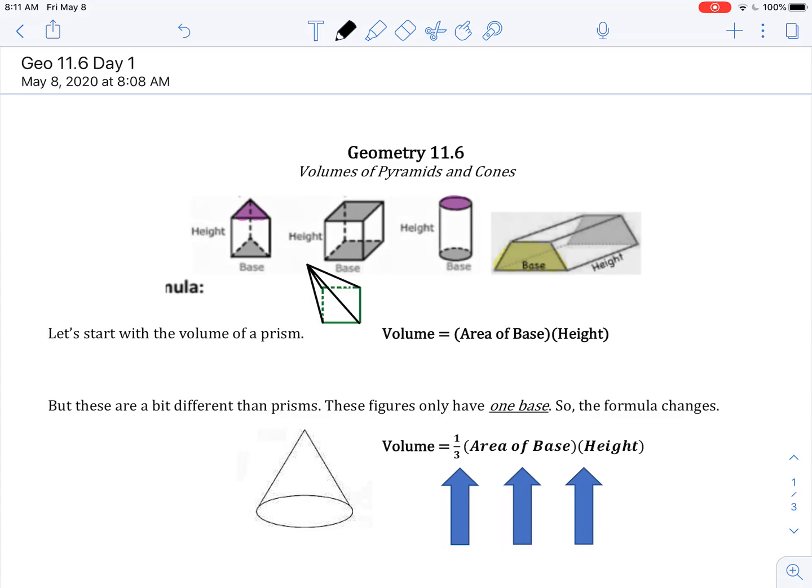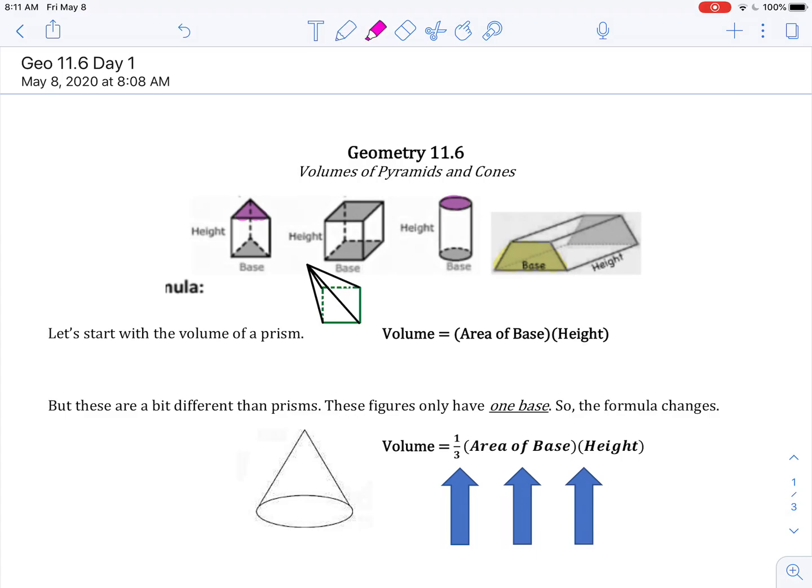So in a triangular prism, I had triangle bases. In a cylinder, I had circle bases. And in this trapezoidal prism, I had trapezoid bases. But our volume stayed the same, that formula.